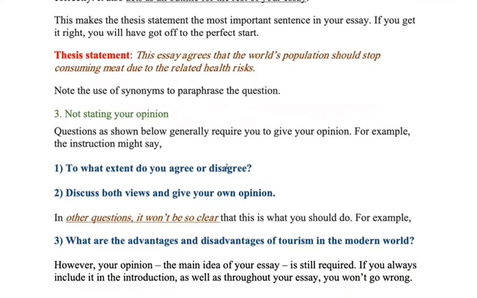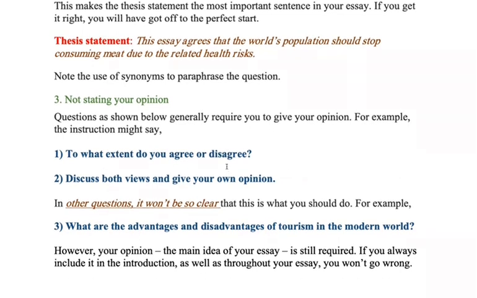Sometimes you are asked indirectly, like question number 3, what are the advantages and disadvantages of tourism in the modern world? So here, again, the writer needs you to state your opinion.